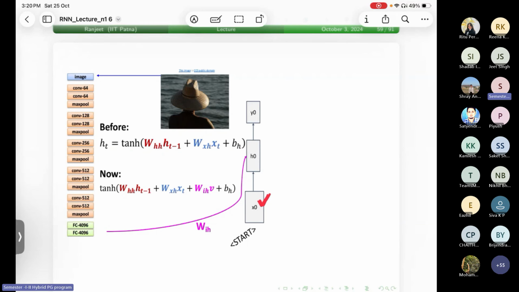With the help of this you generate the new state, the current state, and with the help of the current state we are going to predict the next word. So we started from this start token, the start word, and now we have to predict the next word every time.